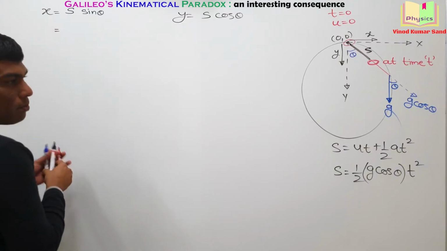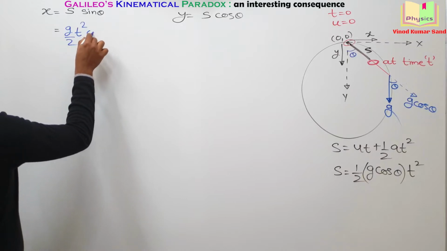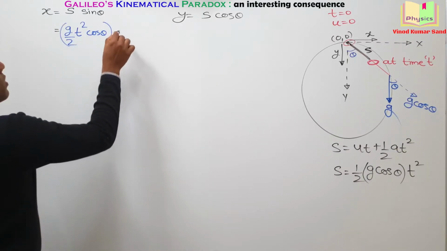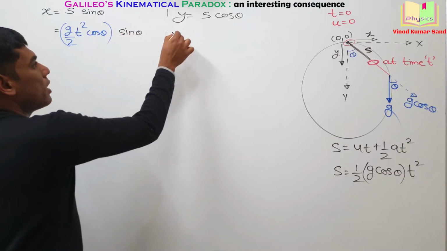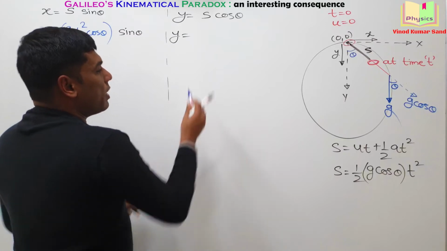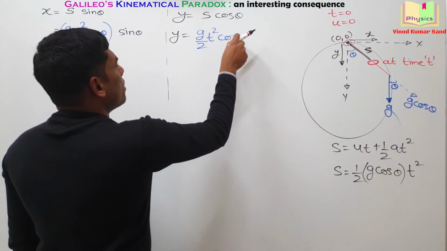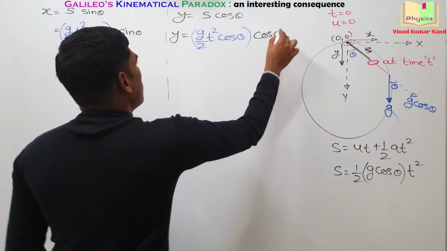Value of s we can substitute from here. So I am doing that computation. g by 2 t square cos theta, this is the value of s. And here was sine theta. Here also I am substituting the value of s, g by 2 t square cos theta, and another cos theta was already present.